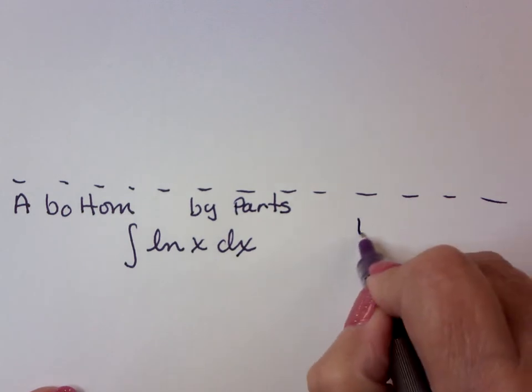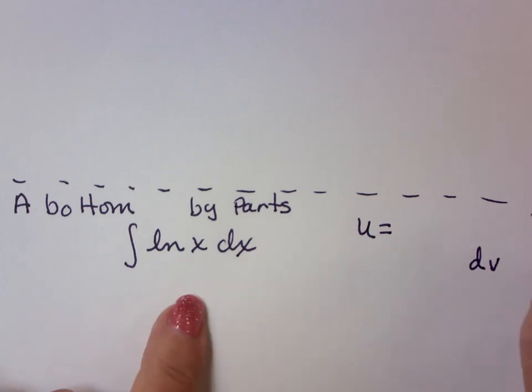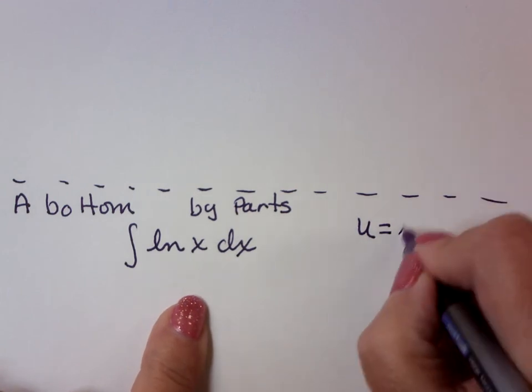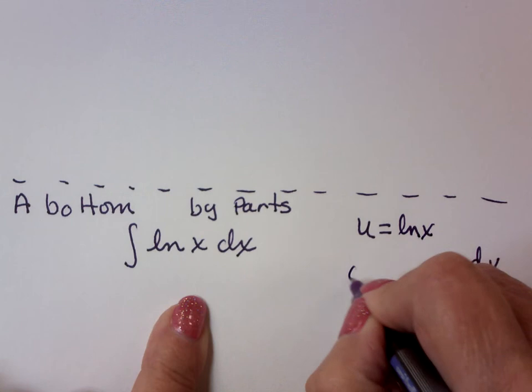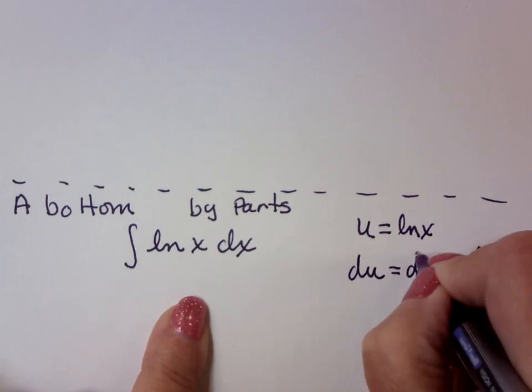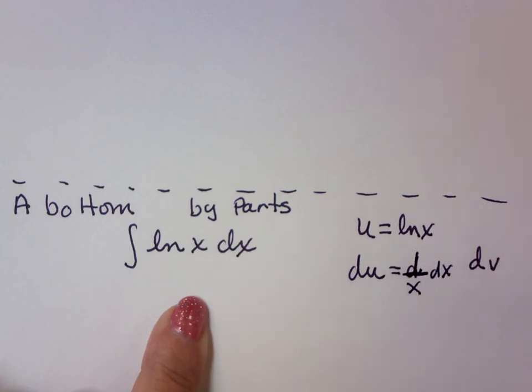So, what's u going to be? And dv. What's u? Natural log x, because it has to go away, right? It's my only choice. So that du is equal to 1 over x dx.